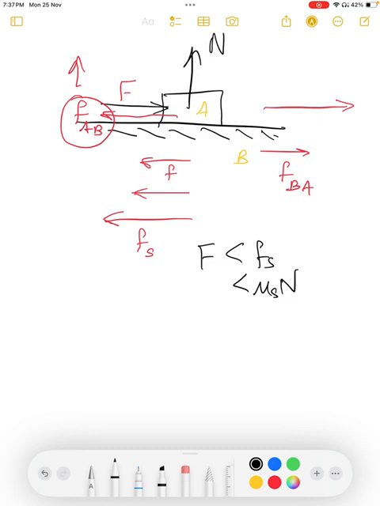The moment it becomes equal to mu s n, the box has a tendency to move. It will just start moving. So we can observe relative motion once the force becomes greater than mu s n.